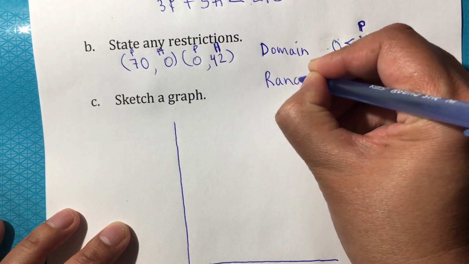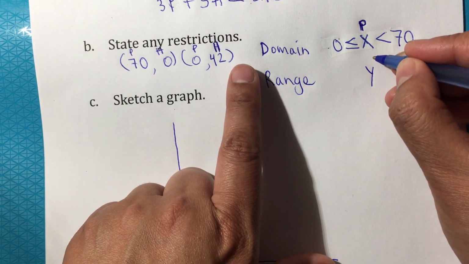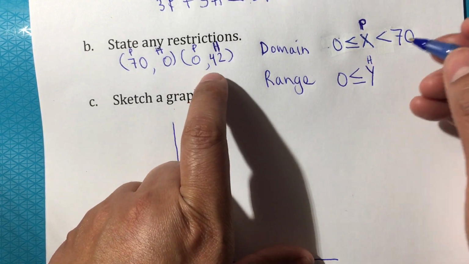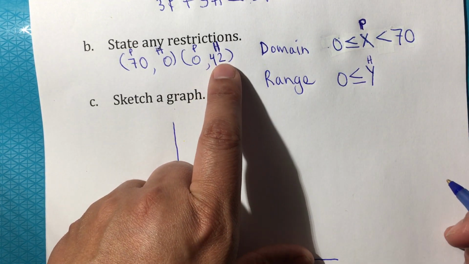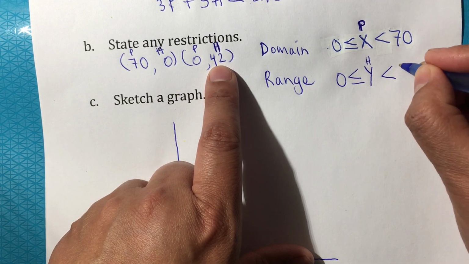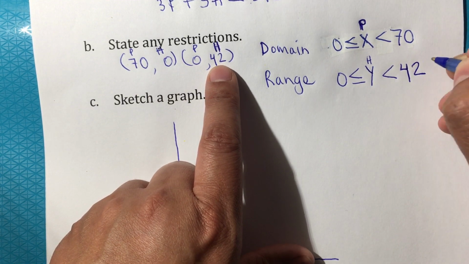The range for the y, which represents the horses, is greater than or equal to 0 as well because we cannot have negative horses, but it has to be less than 42 horses because I have less than 210 pounds of food.